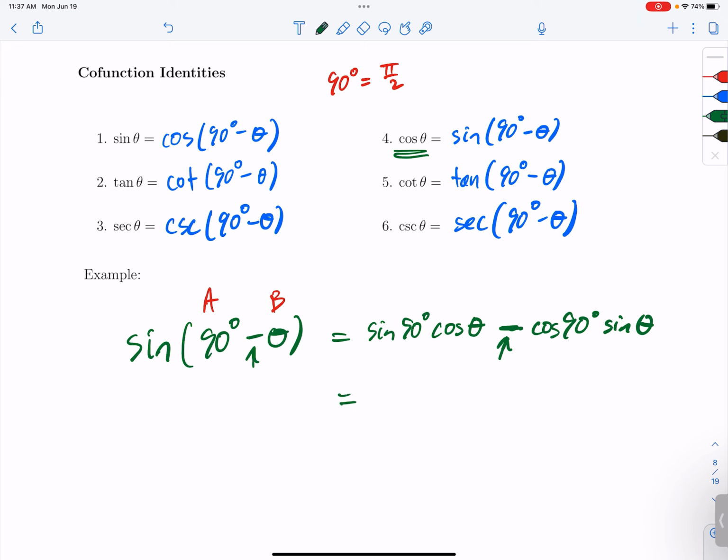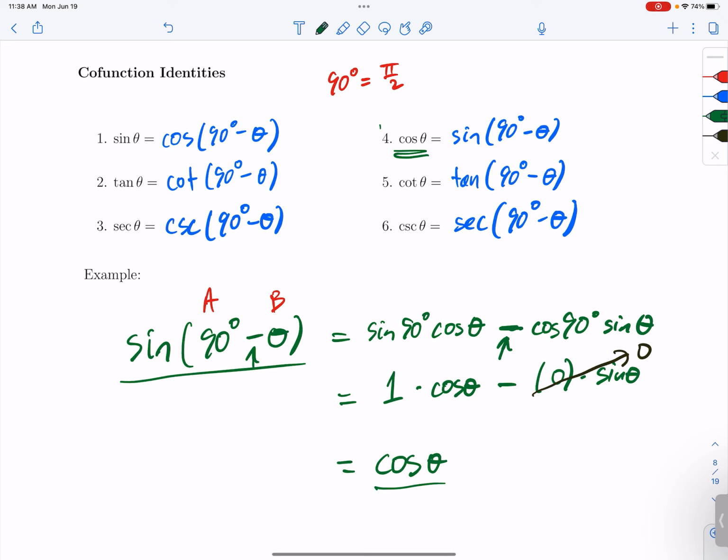So sine of 90 degrees is 1 times cosine of theta minus cosine of 90 degrees is 0 times sine of theta. So this whole term goes to 0, and we are left with cosine of theta. So that shows this cofunction identity up here. And we could do that for all of these.